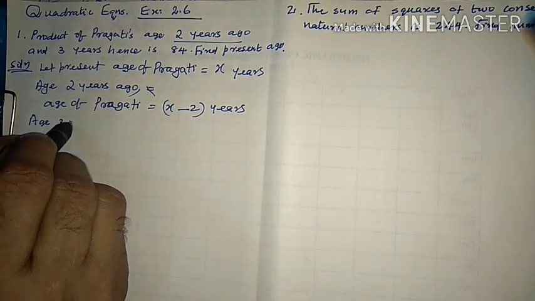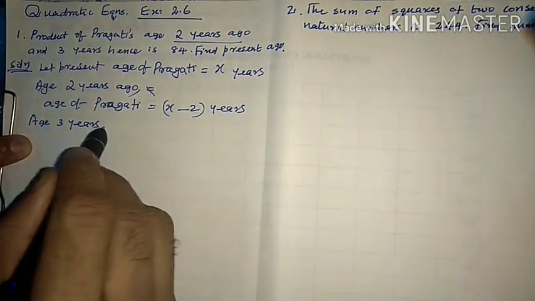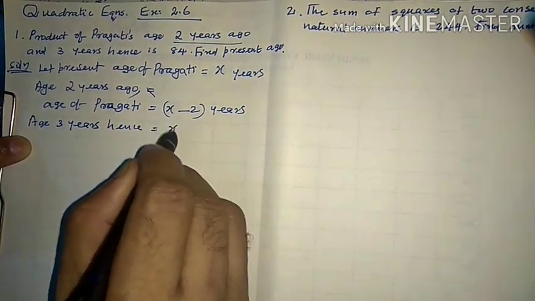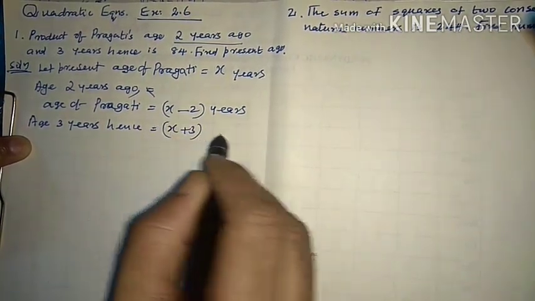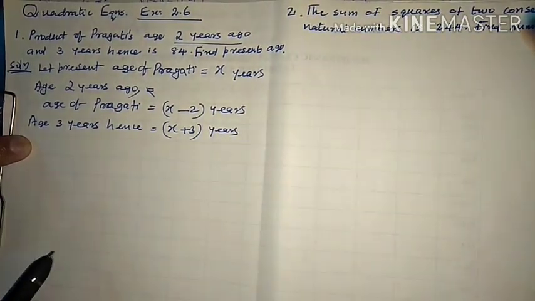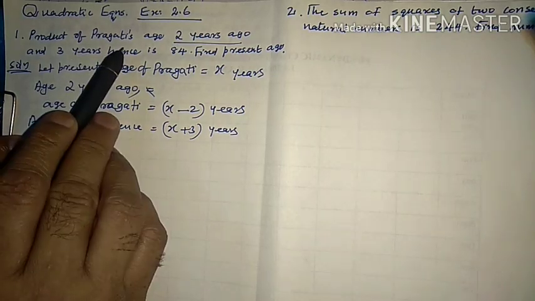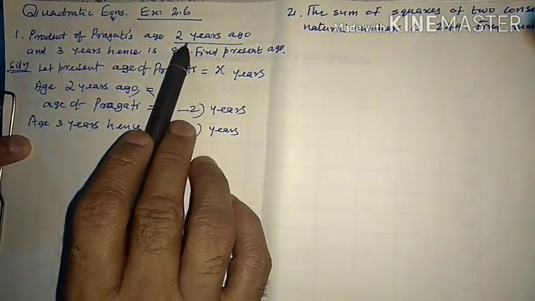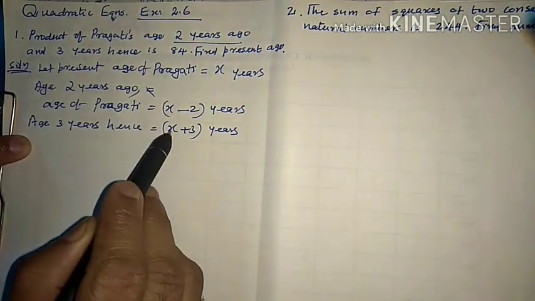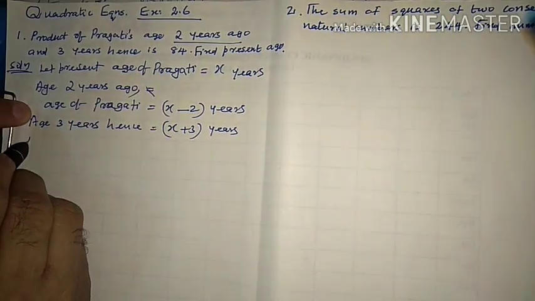Age 3 years hence is present age plus that many years. Given, the product of the age of Pragati 2 years ago and 3 years hence is 84.